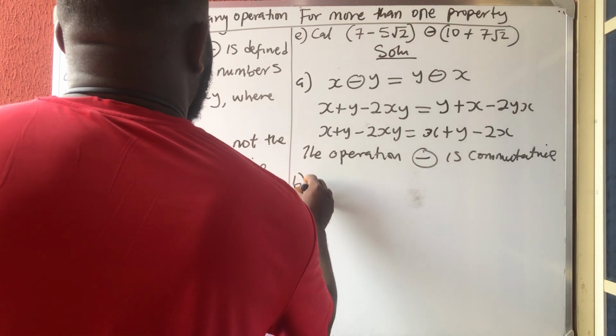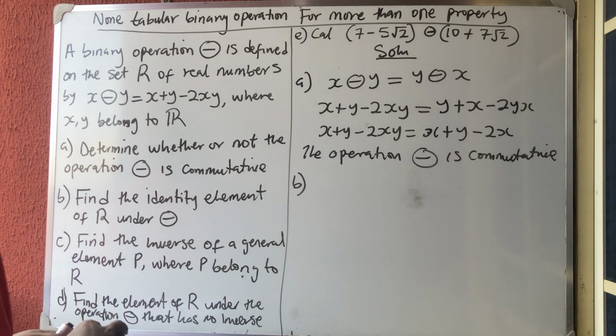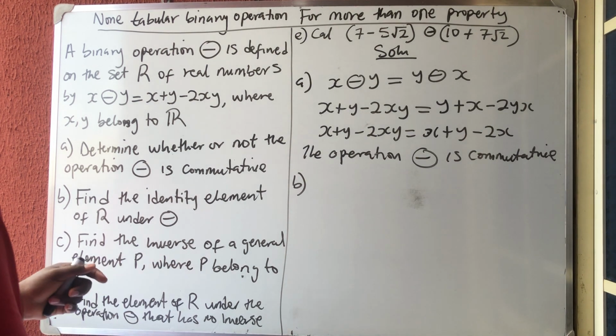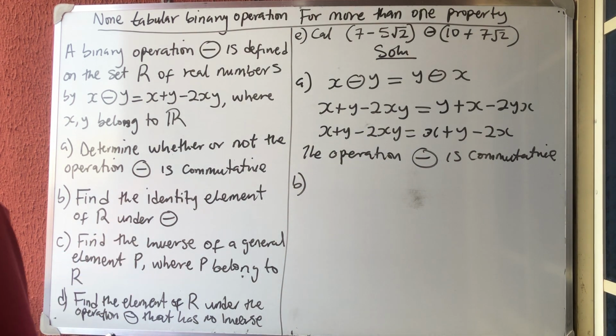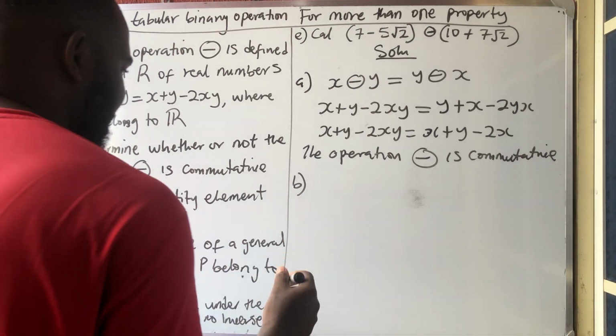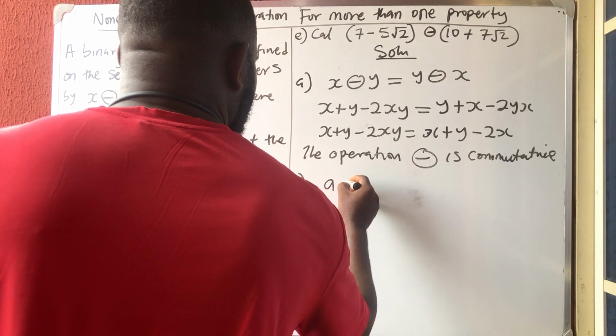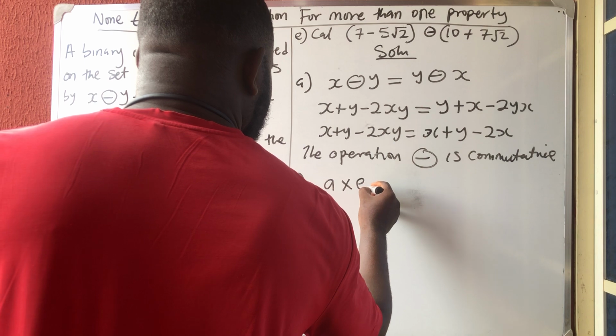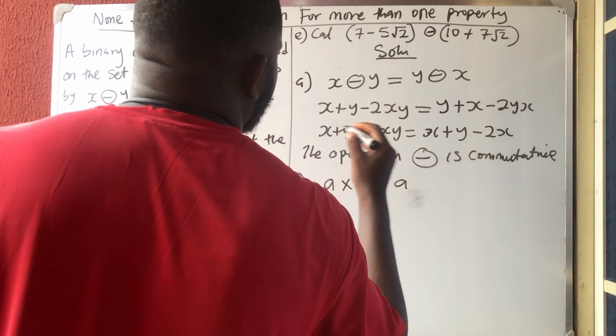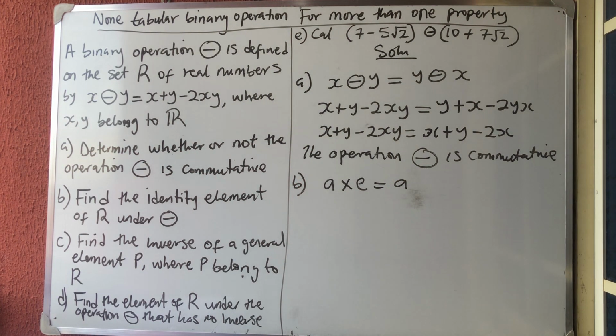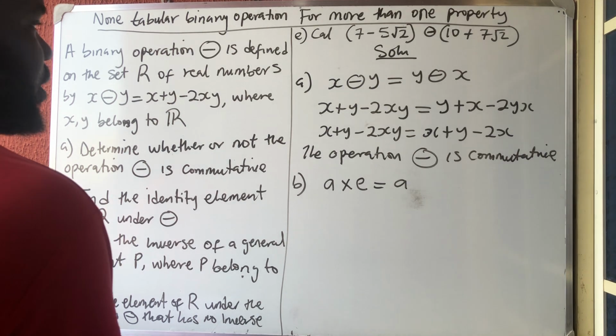So number two said find the identity element of R under this operation. And I told you for an identity element that if something operates on its identity element, you are getting yourself back.